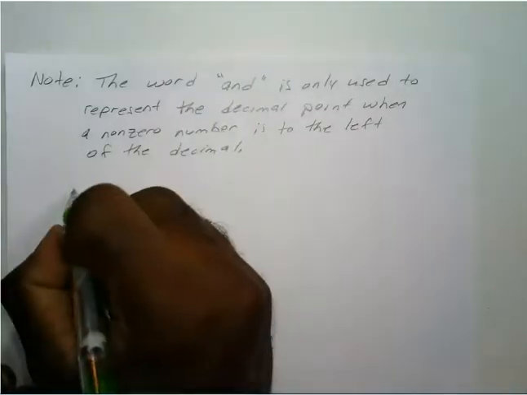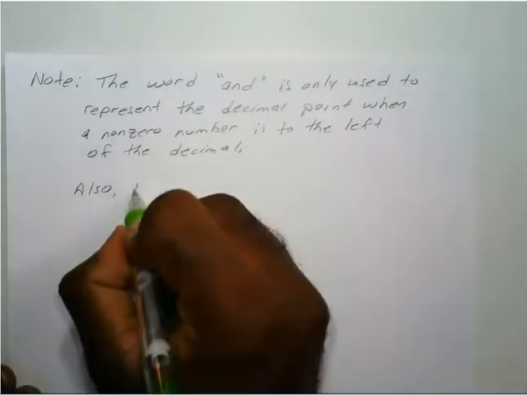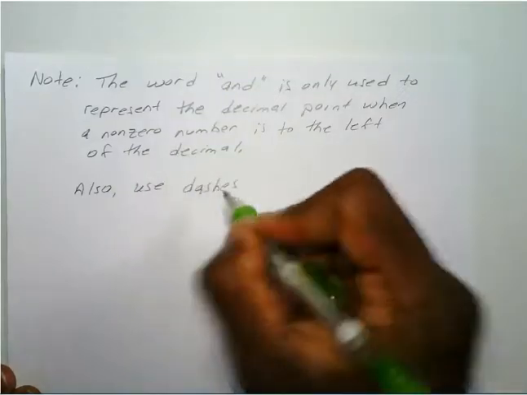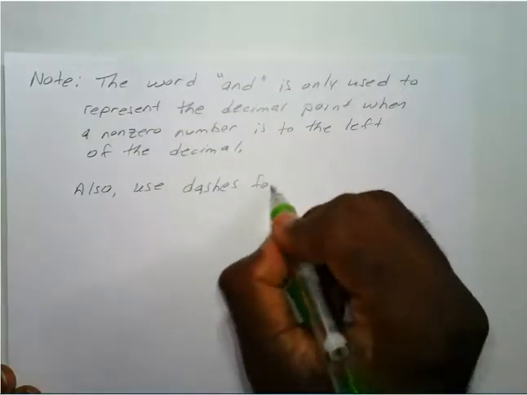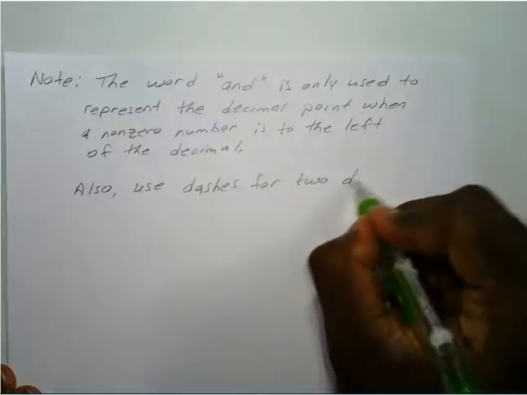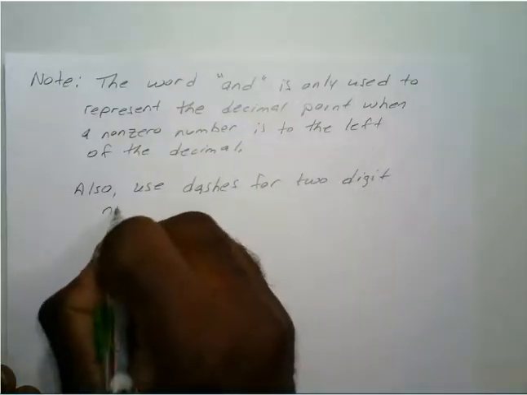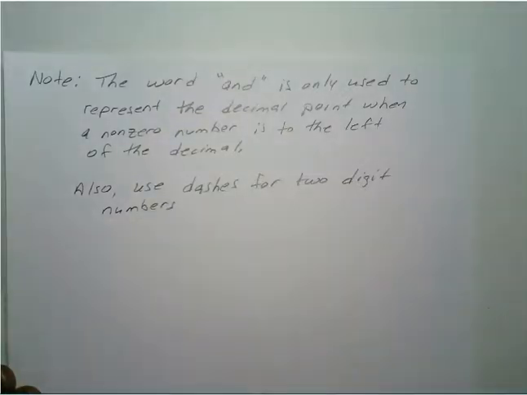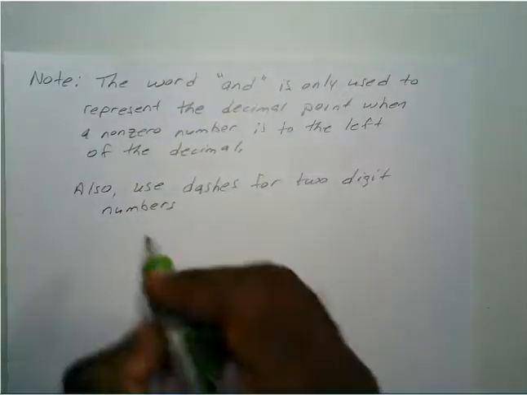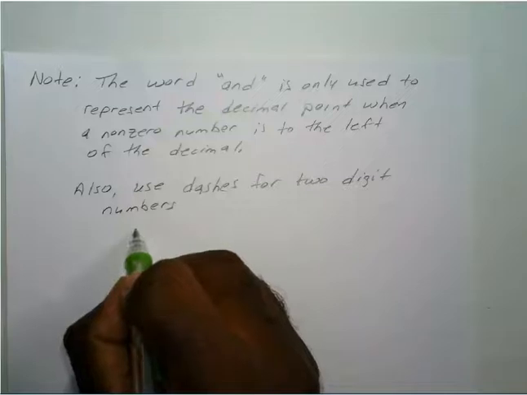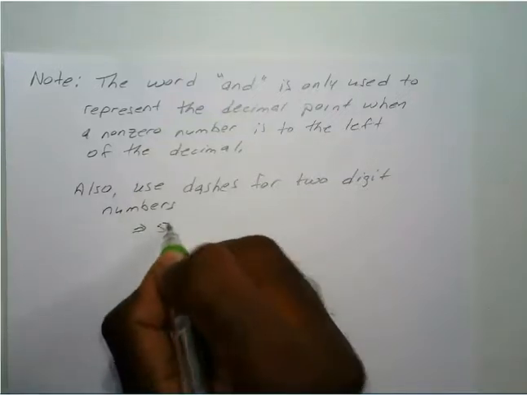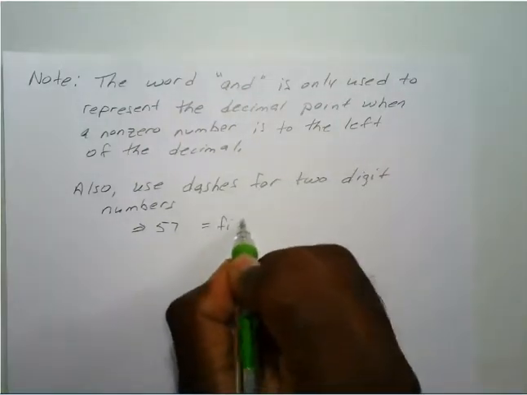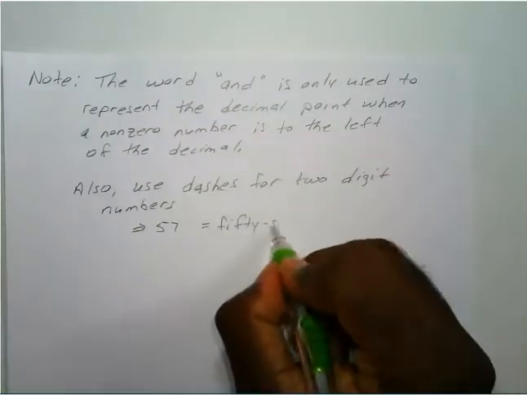Also, use dashes for two-digit numbers. So if you have 57, you write that as fifty-seven.